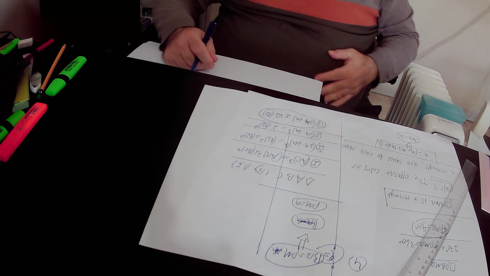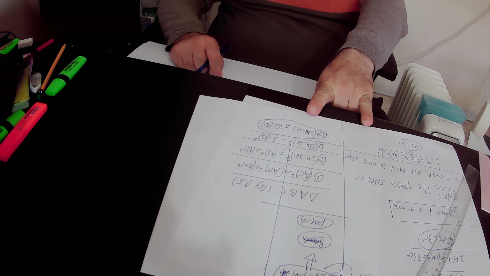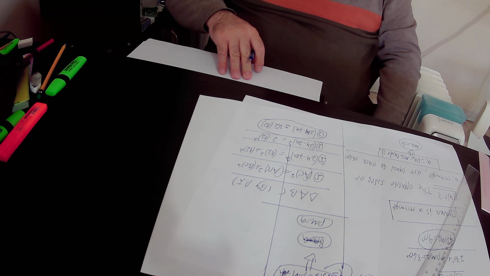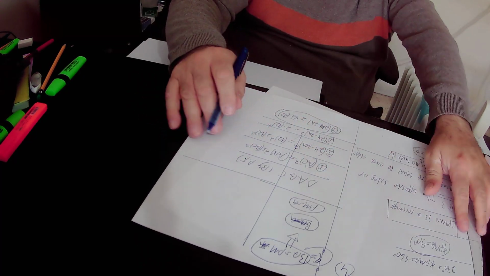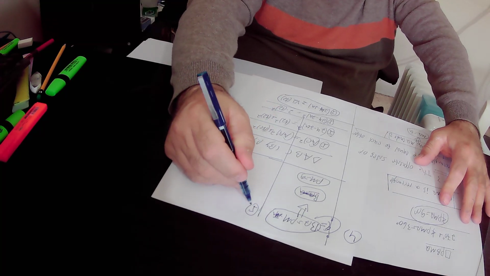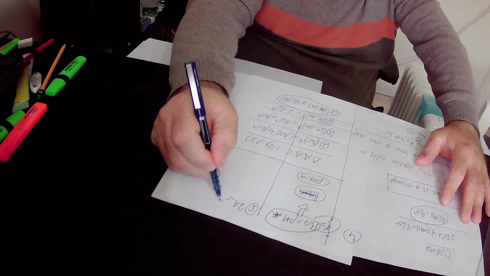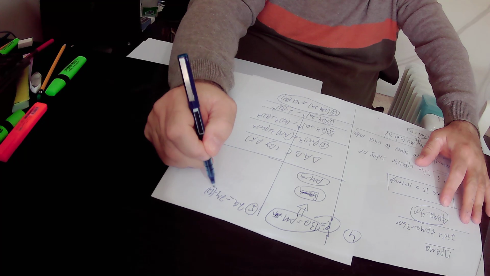Here we add 2A to this equation, and we subtract the square root of 2 times 12, and we get that A equals 24 minus 12 times the square root of 2.